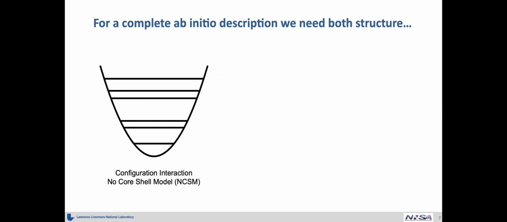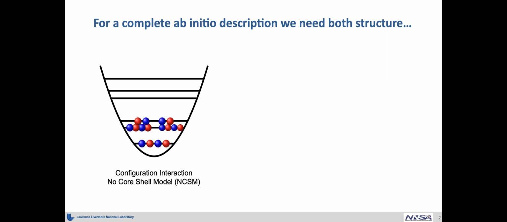Okay, so how do we model this? How do we do the ab initio modeling of nuclear reactions? First, we need to be able to describe the internal structure of the reacting nuclei. We do that using the no-core shell model, which is essentially just make a harmonic trap, throw in all your nucleons.